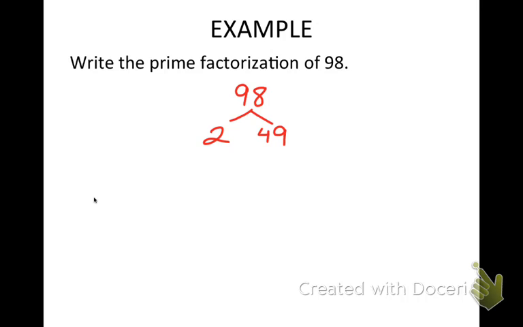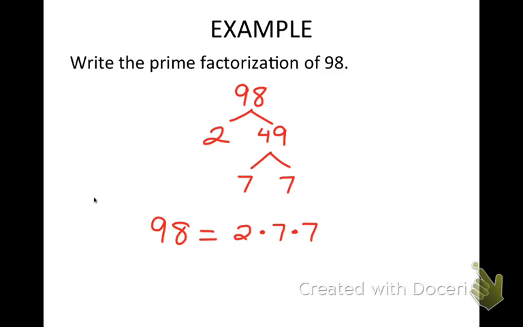Is 2 a prime number? Yes, so that's done. Is 49 a prime number? No. So I'm going to make 2 branches off of that. Two numbers: 7 and 7. Are those prime numbers? Yes. So for my prime factorization, 98 is equal to 2 times 7 times 7.